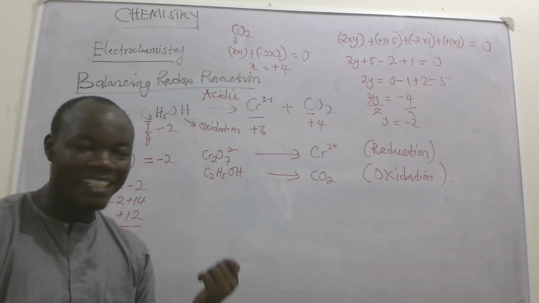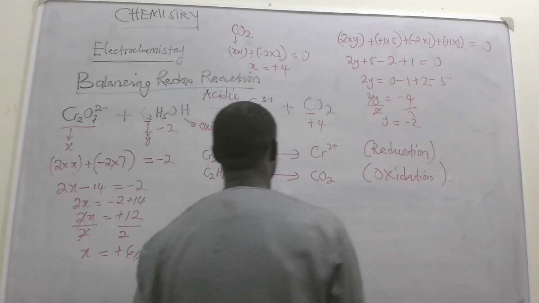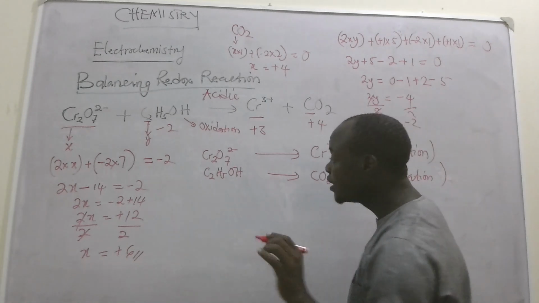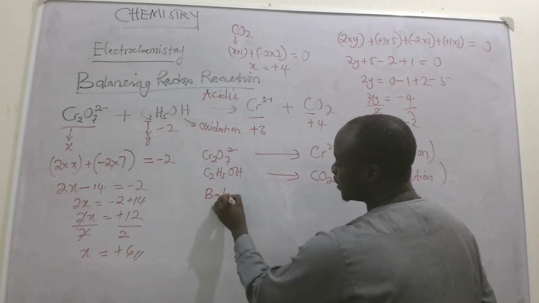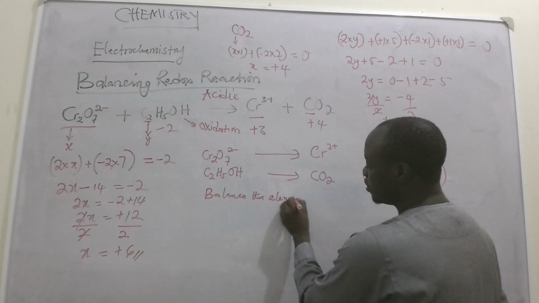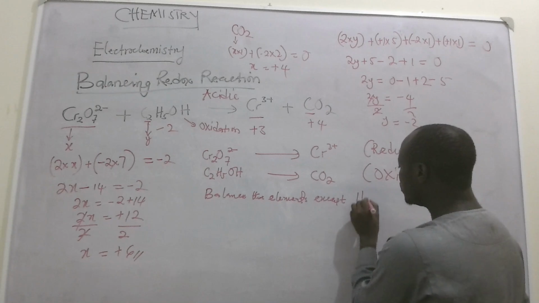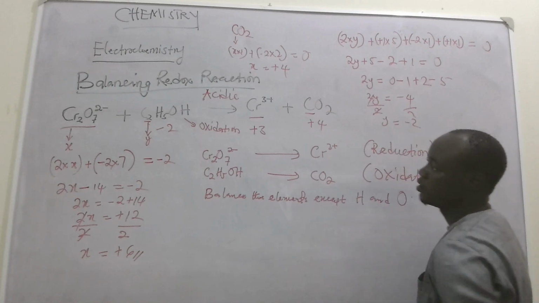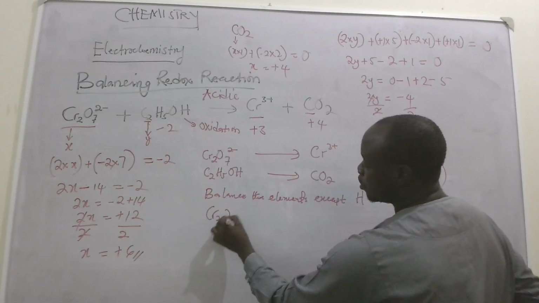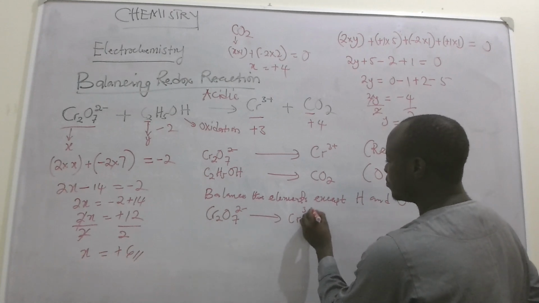That will come later, after balancing the other elements. So the next step is to balance the elements except hydrogen and oxygen. So now we have Cr2O7 2 minus, then we have Cr3 plus.